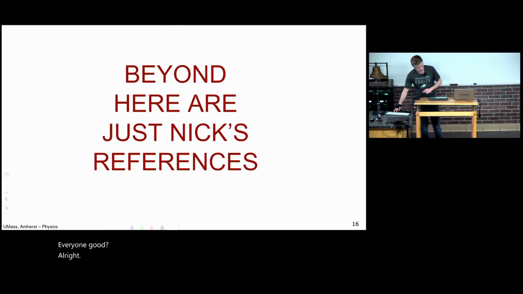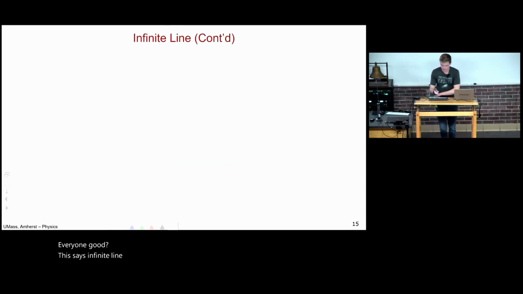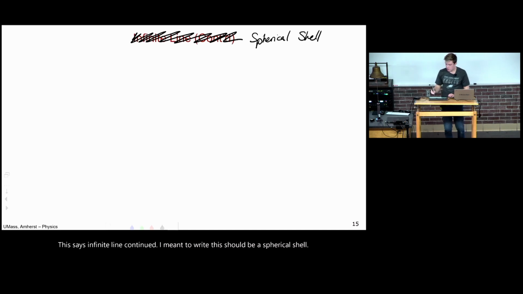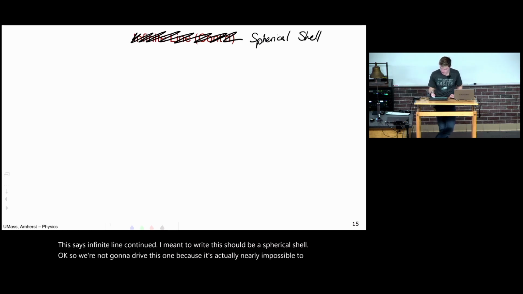This says infinite line continued. I meant to write this should be a spherical shell. We're not going to derive this one because it's actually nearly impossible to derive using our current methods.